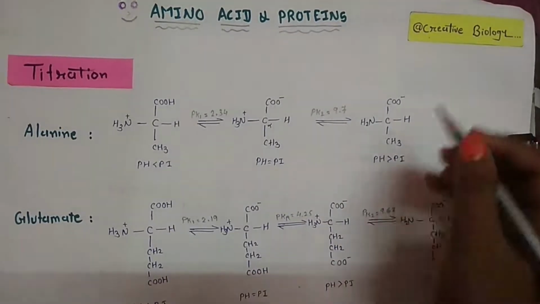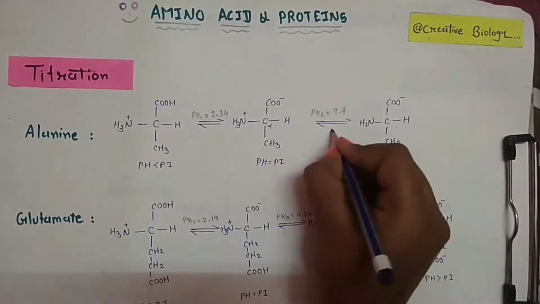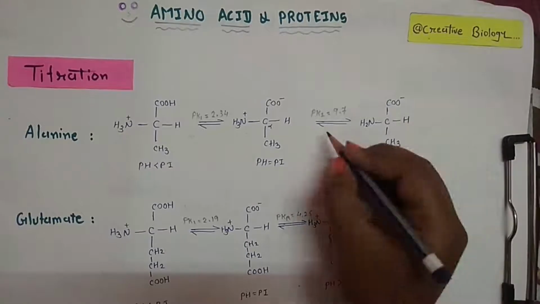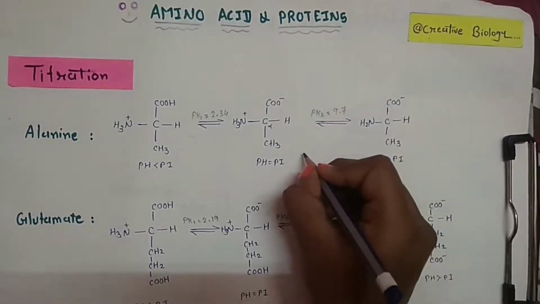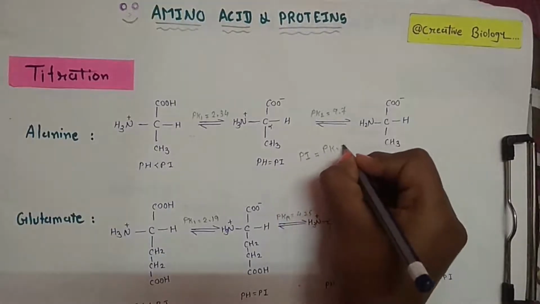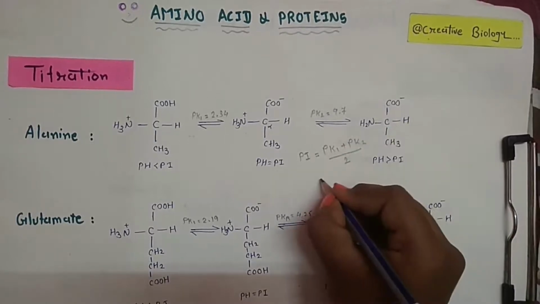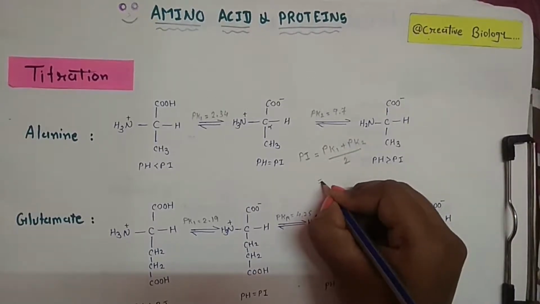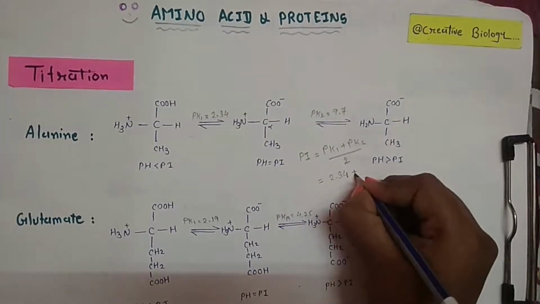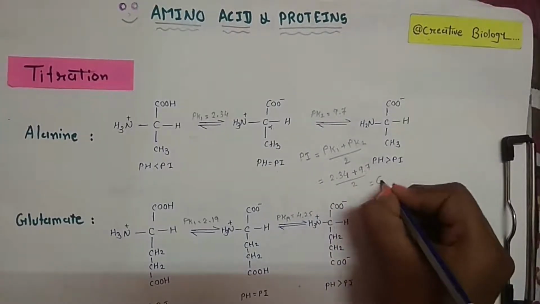If you have to calculate the pI value from these two values in your exam, you have to use one equation: pI is equal to pK1 plus pK2, divided by 2. In the case of alanine, you have pK1 as 2.34 plus pK2 as 9.7, divided by 2, so you get approximately 6.